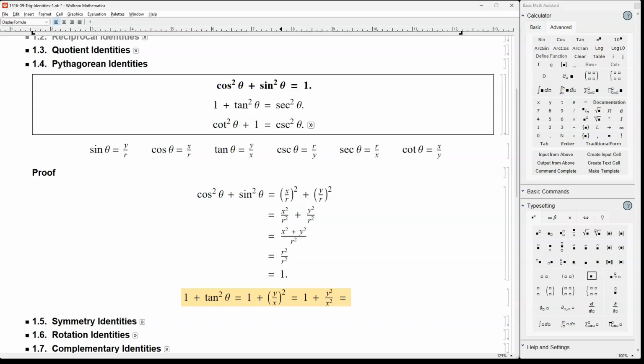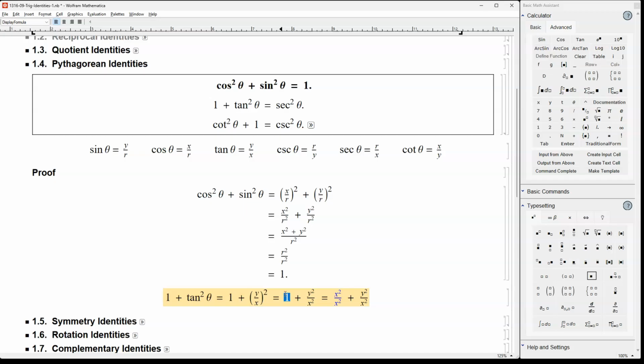And then what? Well, if you take the common denominator, x squared over x squared plus y squared over x squared, yeah, it'll work like this. I just replace 1 here, which I just highlighted in green, with x squared over x squared. Hard to read.